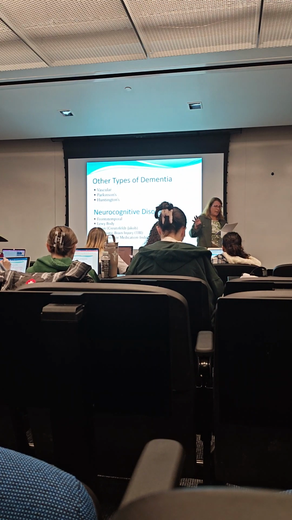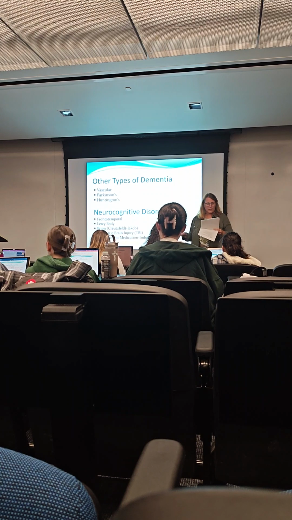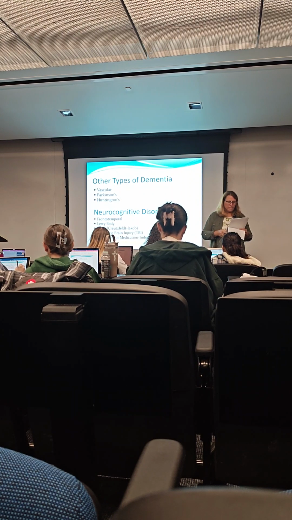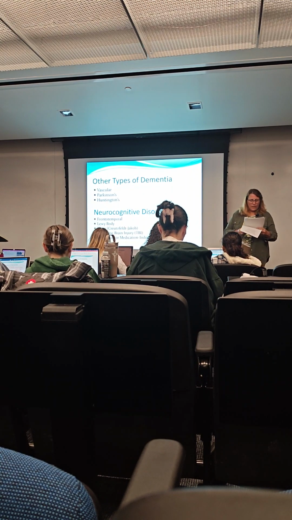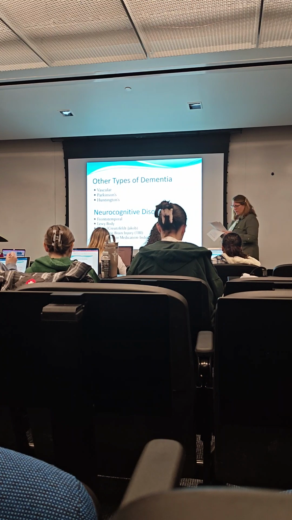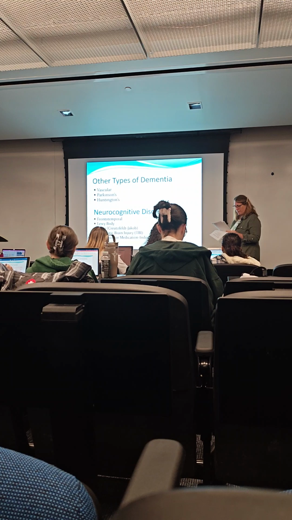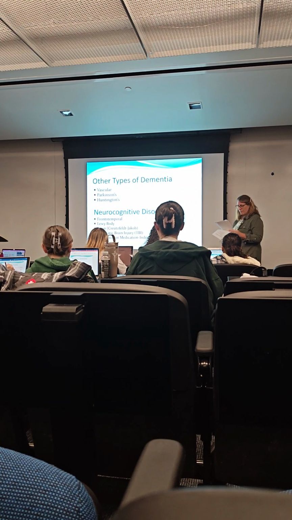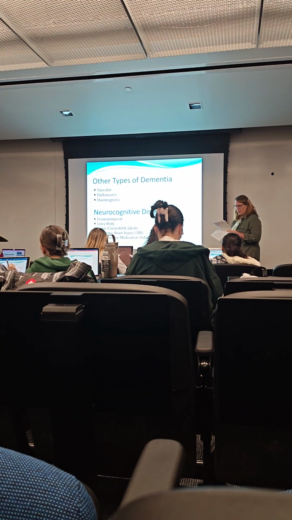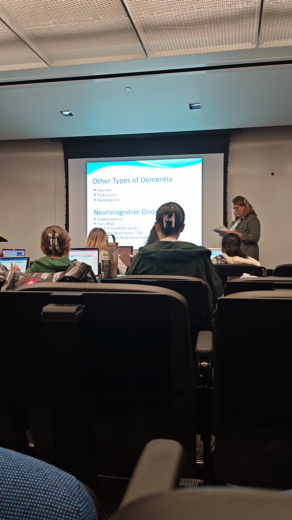Frontotemporal, so we're looking specifically at that part of the brain. We see behavior and personality changes. Lewy body, they are found, they cause inflammation within the brain. We see visual hallucinations, sleep disorders.